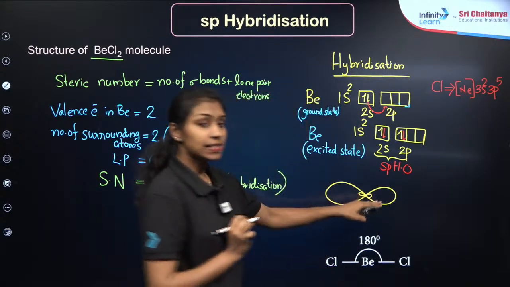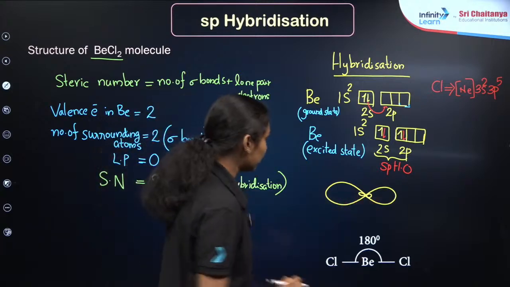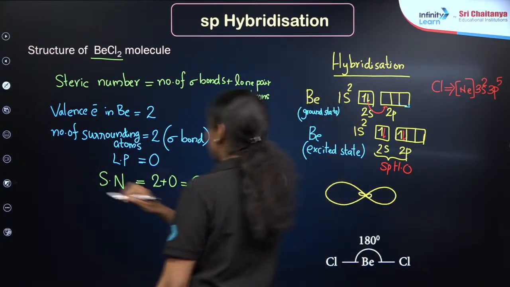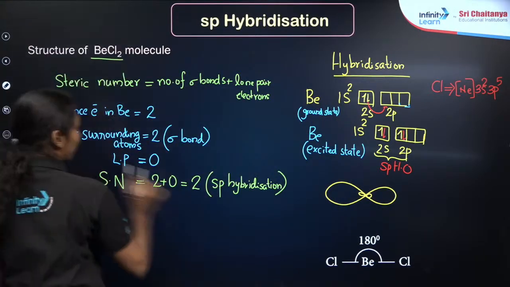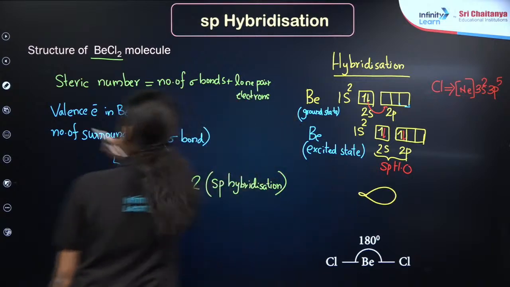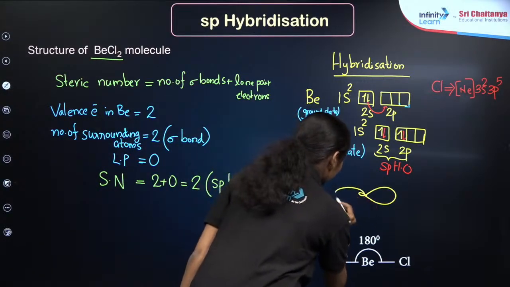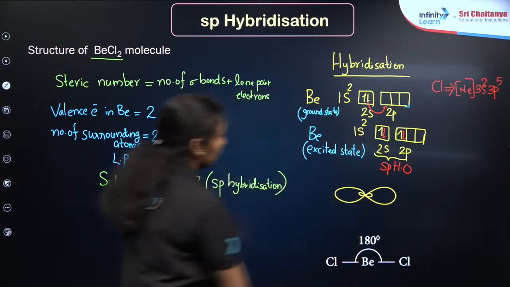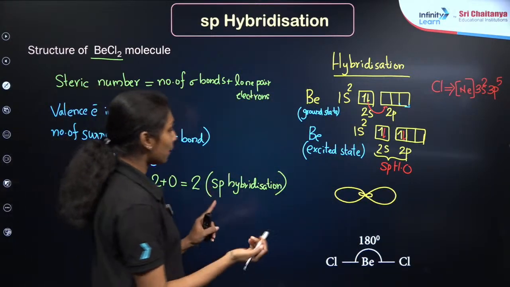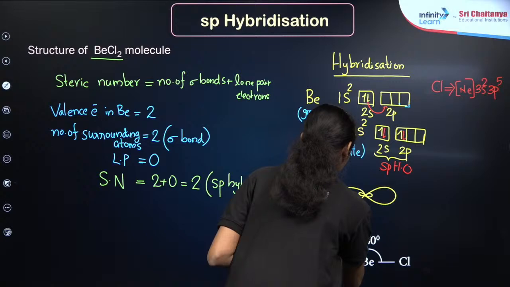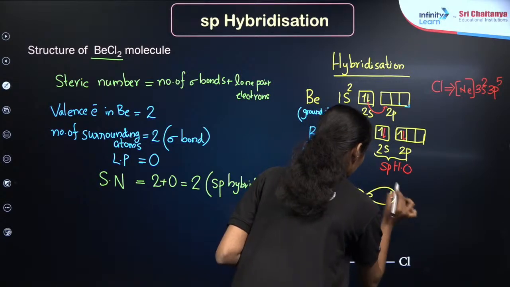Okay, this will be the general structure of sp hybrid orbital, right? This should be in the equal shape. Okay, this is the sp orbital. Then what will happen here is already one of the electron is here, then another one is here.